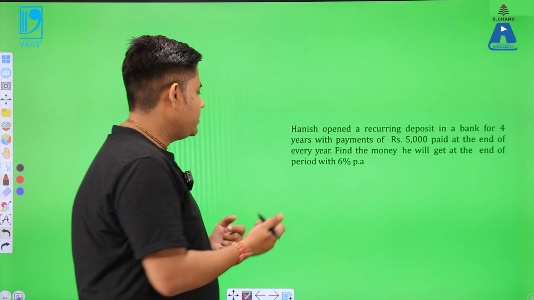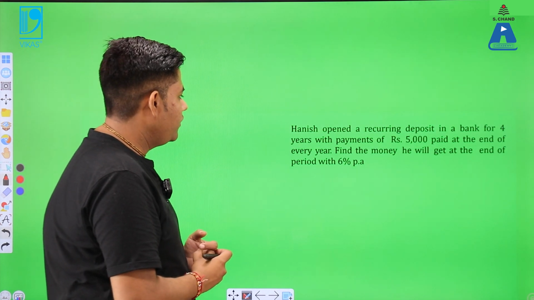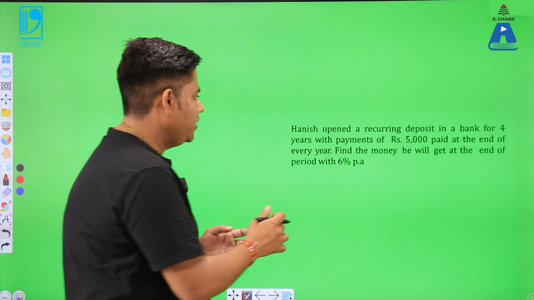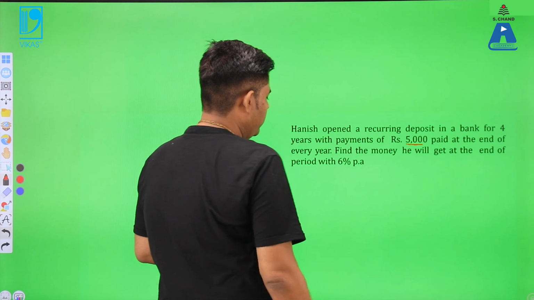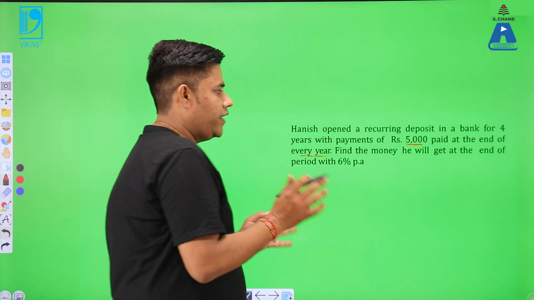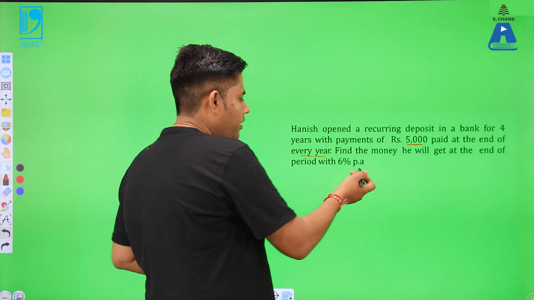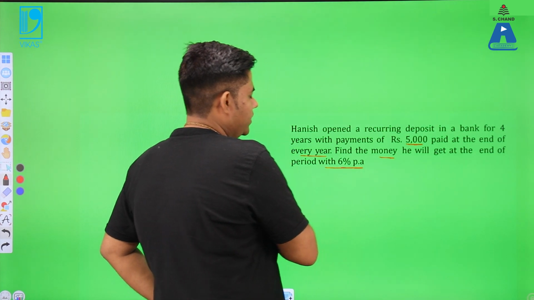So here the question says that Anish opened a recurring deposit account in a bank for 4 years, and in that period of time, the payment he makes is 5,000. It is being paid at the end of every year. So he pays 5,000 at the end of every year, and we are supposed to find out the money he will get at the end of the period at 6%.